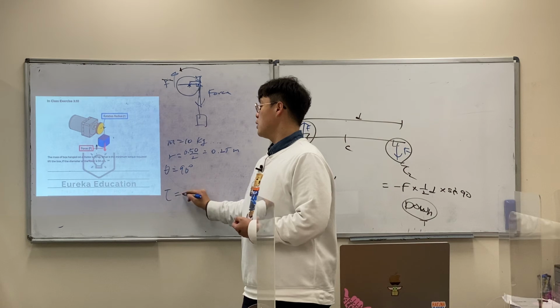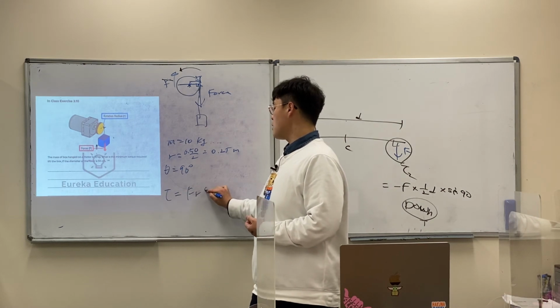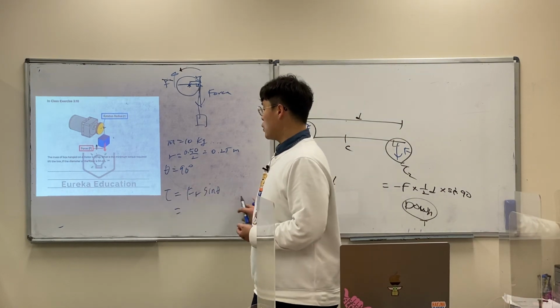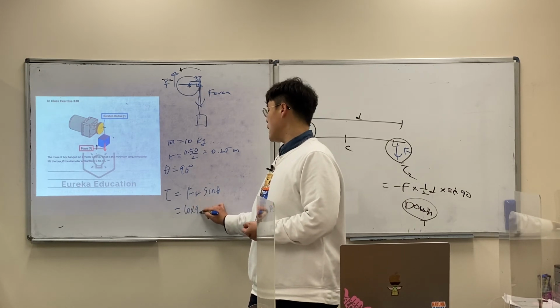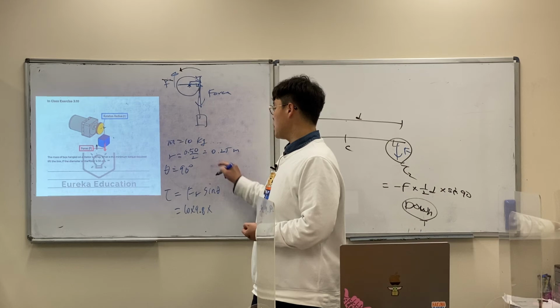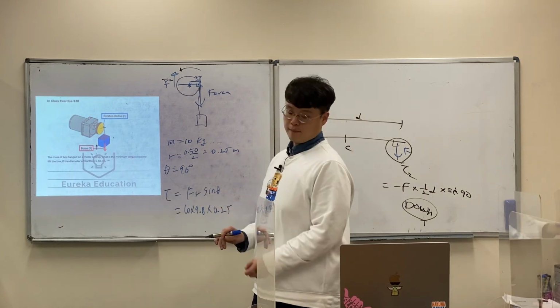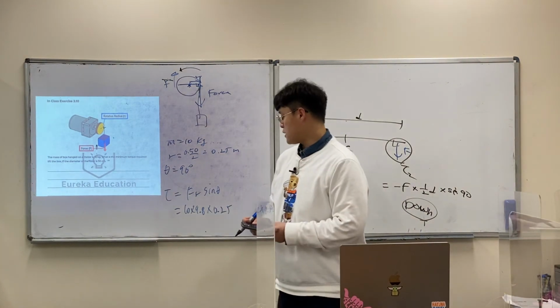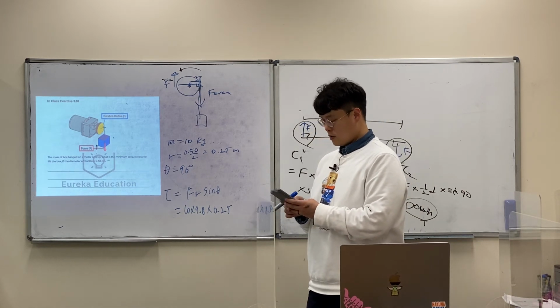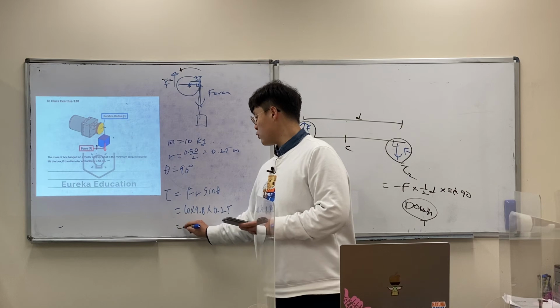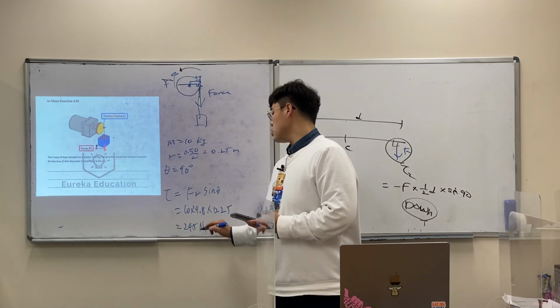So torque would be what? F r sine theta. The force is given as mg, so 10 times 9.8 times that radius, 0.25. That's basically 2.5 times 9.8. Then you'd get 24.5 newton meters.